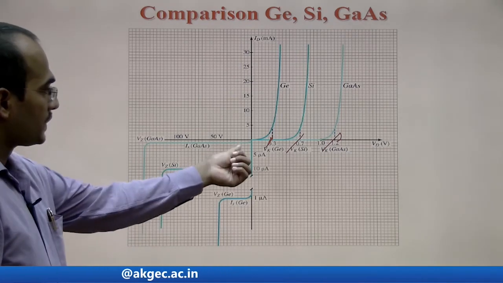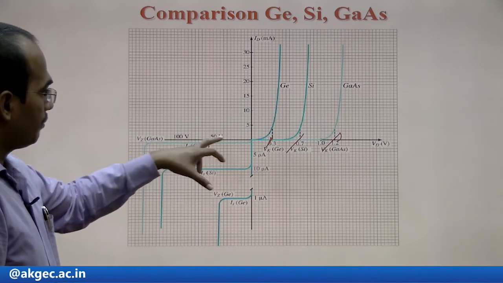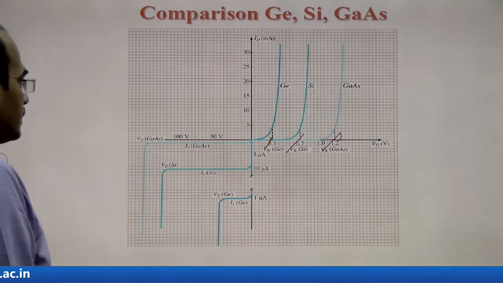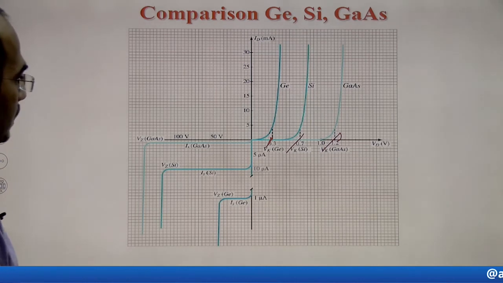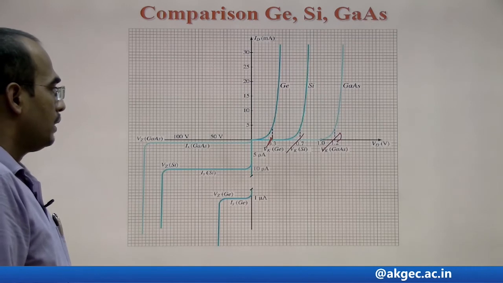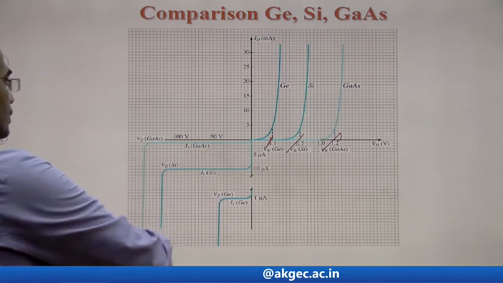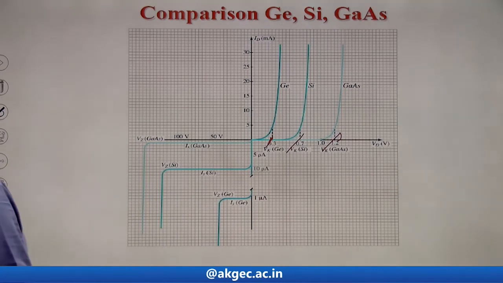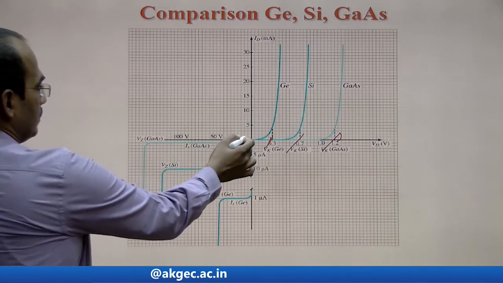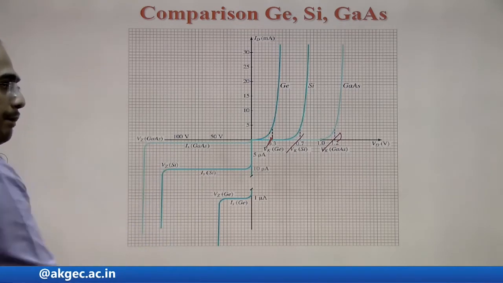Similarly, here you can see that the reverse saturation current of gallium arsenide is very small compared to silicon and germanium. Here the current is almost constant until it crosses the breakdown voltage.